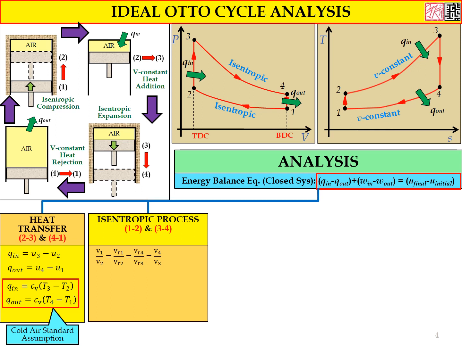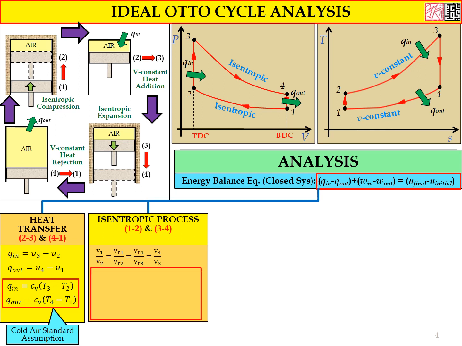Because V3 equals V2 and V4 equals V1 during the Otto cycle process, we have this relationship where V1 divided by V2 equals VR1 divided by VR2 equals VR4 divided by VR3 equals V4 divided by V3. So we can use this relation for the isentropic process, and the first equation for the isentropic process is only for the first case, which is the variation of specific heat.